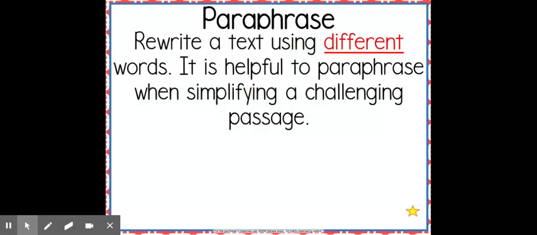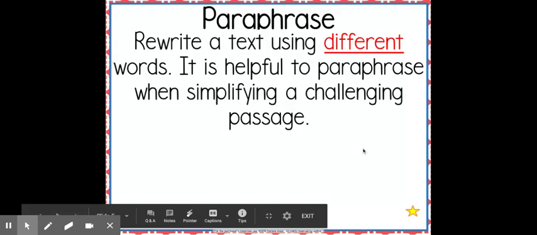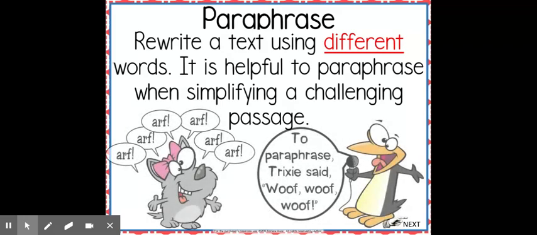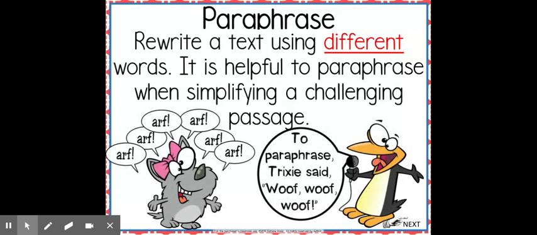However, paraphrasing is very different from summarizing in the fact that you are going to rewrite the passage or the text using simplified language. You're going to want to take the essence of the text, change the words while still giving the essence of the text.